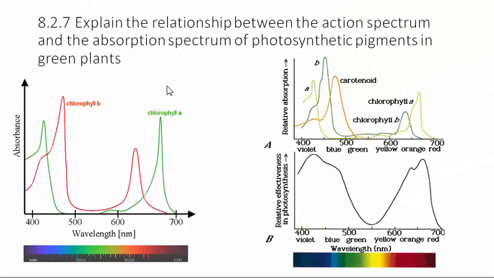This assessment statement on this page says, explain the relationship between the action spectrum and the absorption spectrum of photosynthetic pigments in green plants. So each spectrum is a little different in different plants, so that's why this figure looks a little different than the previous one. But in general it's the same. The blue region and the red region have very high absorption, and the green region has very low absorption.